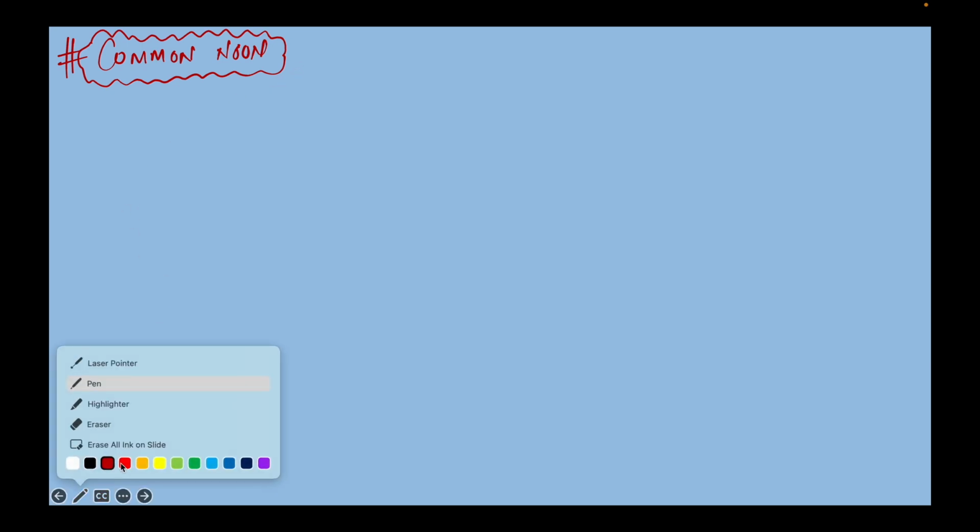The second one is common noun. What is a common noun? Something which is common to all, of course. So let's see what is in a common noun.